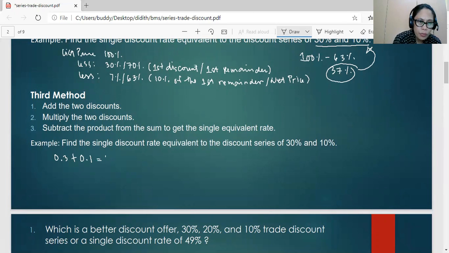So this is 0.4, right? Then we're going to multiply the two discounts. So we have 0.3 times 0.1, so we have 0.03.